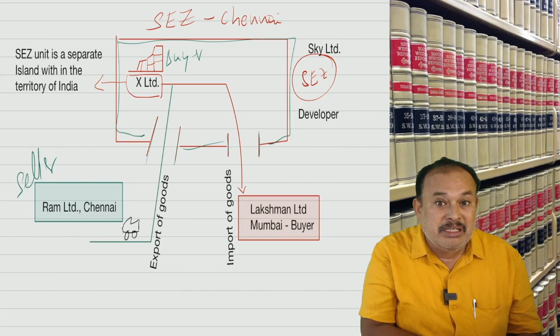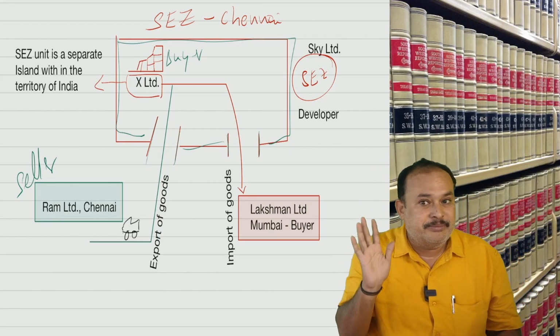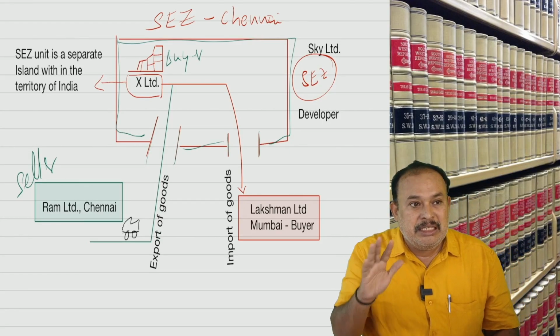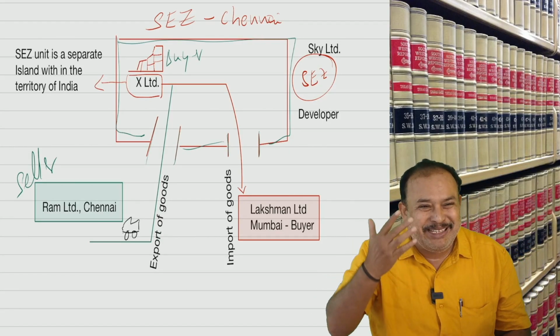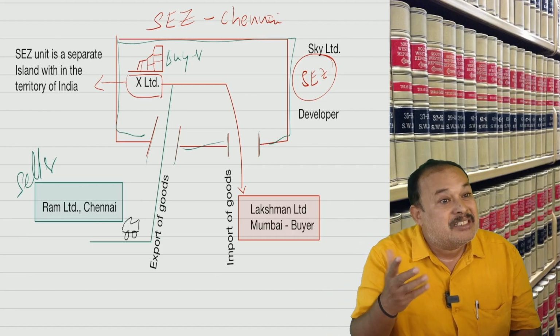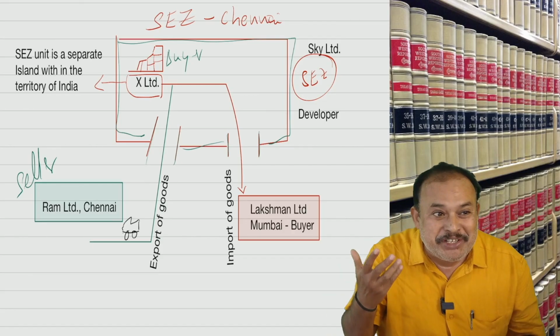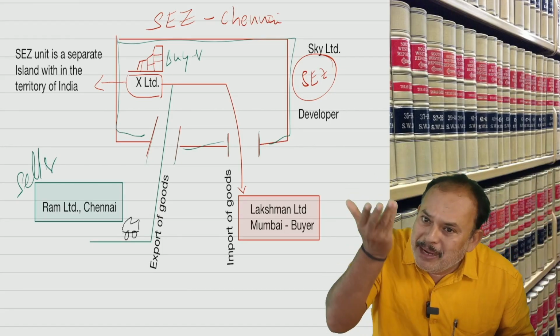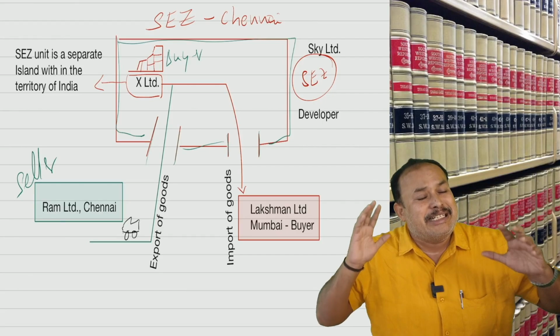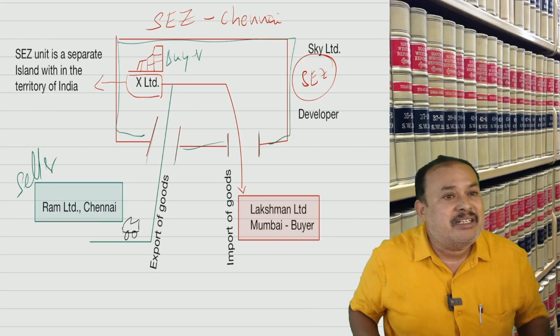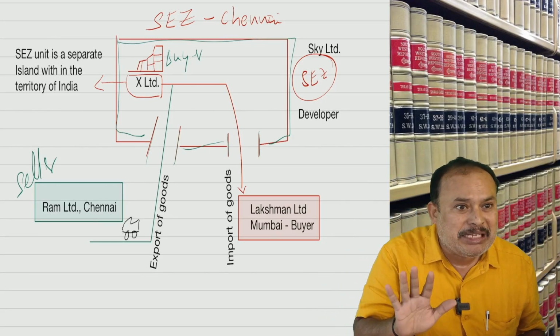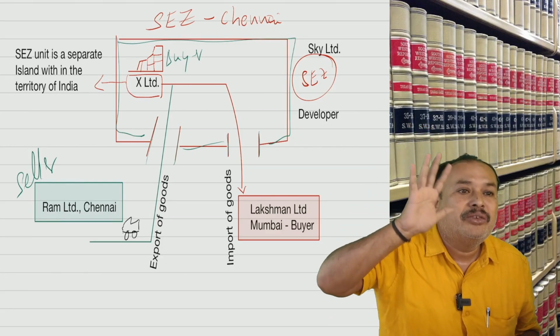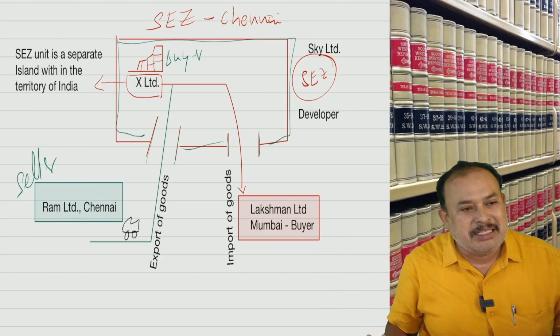For them, E-Invoice is mandatory. If the supplier is a unit of SEZ, E-Invoice is not applicable. If the supplier is a developer of SEZ, then E-Invoice is applicable if the turnover exceeds 5 crores. Is it clear, my dear friends?